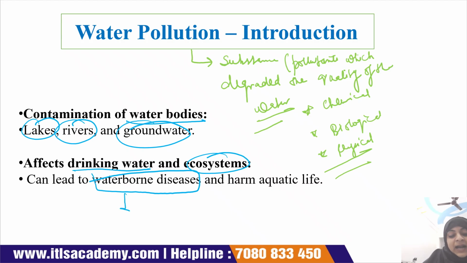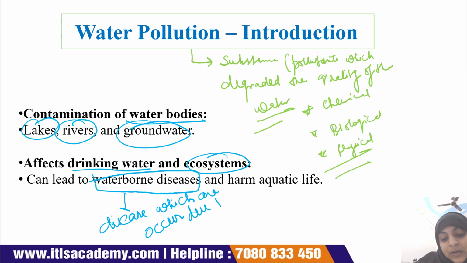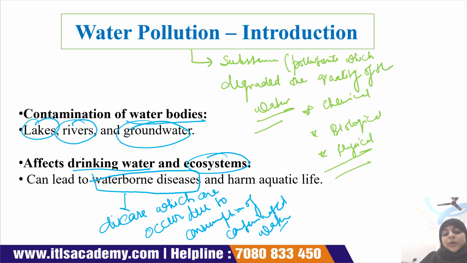Waterborne disease means disease which occurs due to the consumption of contaminated water, disease which is borne by the contaminated water. It also harms aquatic life. Obviously, when the water bodies are polluted, ultimately it harms the aquatic life present in the water bodies.